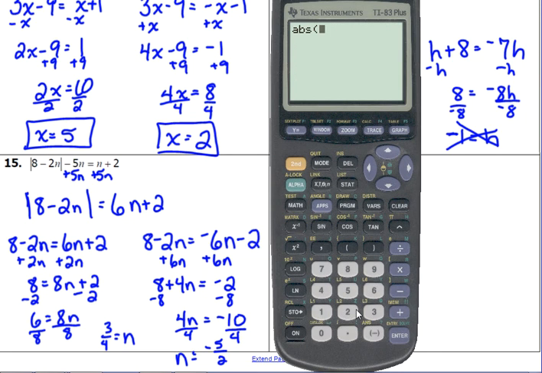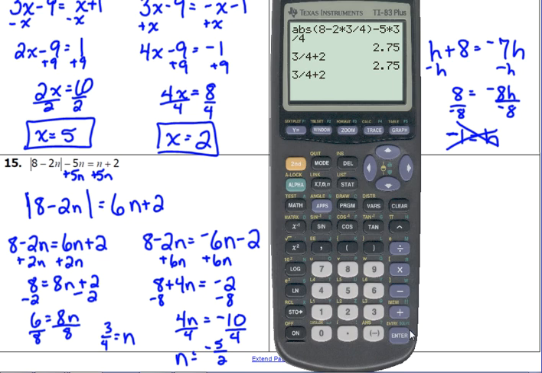Math over to num, ABS. 8 minus 2 times, I am going to check the 3/4 just to be on the safe side. Close your parentheses. When that absolute value bar ends, you've got to close the parentheses. Minus 5 times 3 over 4. And let's check that versus 3 over 4 plus 2. Hopefully you already knew that.